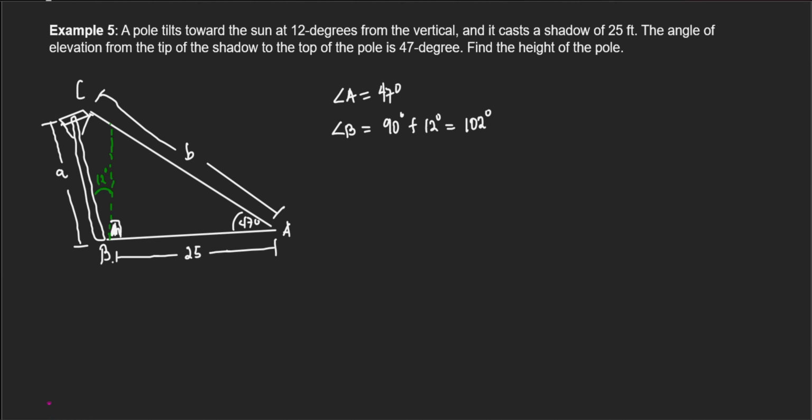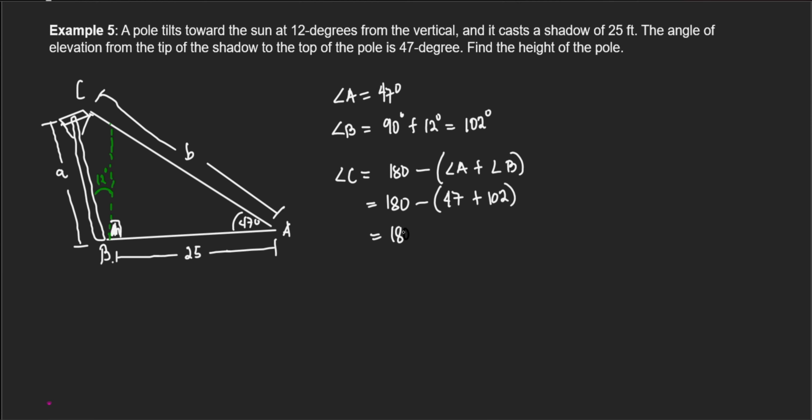Okay, so in this case, yung angle C natin, para ma-identify po natin yung angle C, so we just have to create 180 minus the angle A plus the angle B. Okay, so we have 180 minus yung angle A natin, that is 47, plus angle B, that is 102.